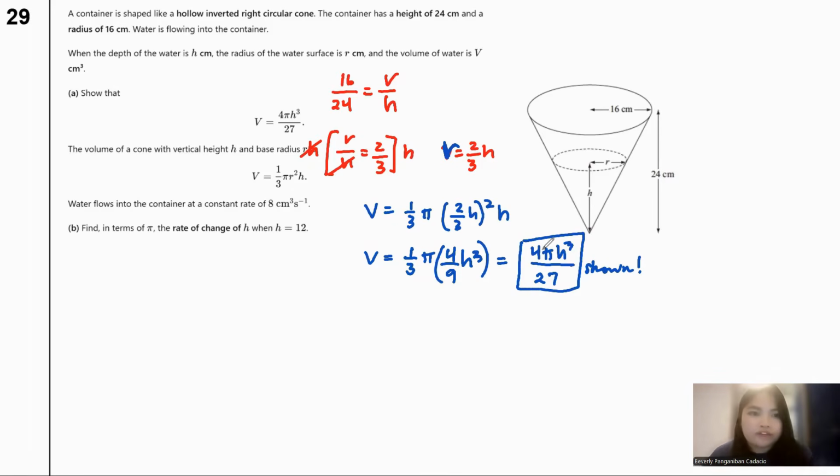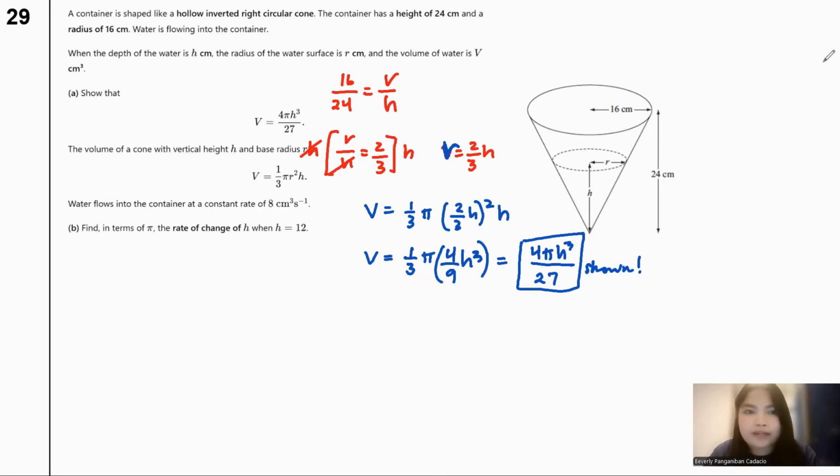Take note of this. There's another given that you need to take note of. Water flows into the container at a constant rate of 8 cubic centimeters per second.